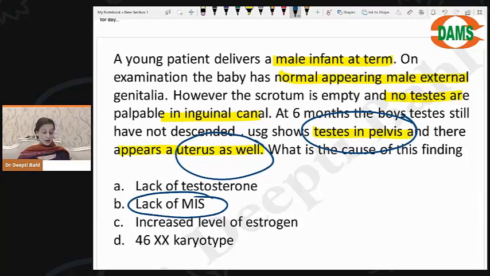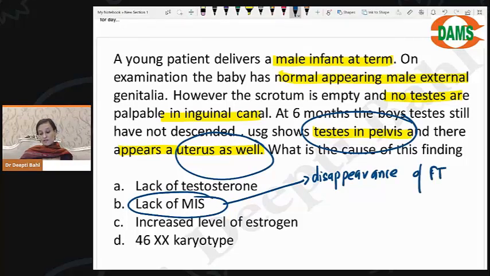Lack of MIS. MIS was the one which was responsible for the disappearance of the Mullerian ducts, right?